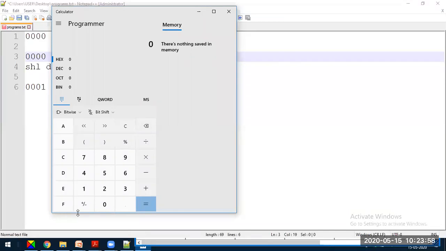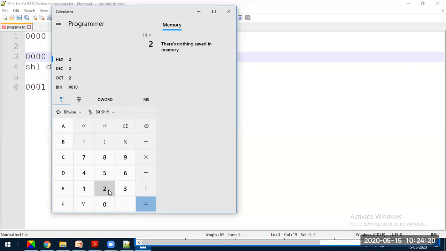So we have A times 2, and the result is 14H. We started with 5, so in hexadecimal, 5 times 2 is A, and A times 2 is 14.